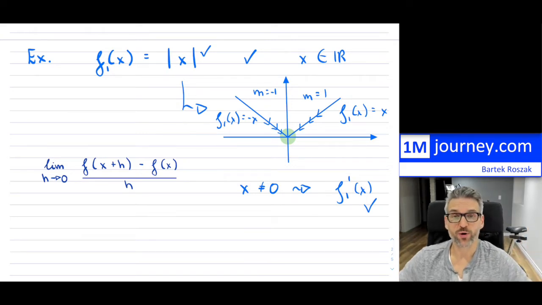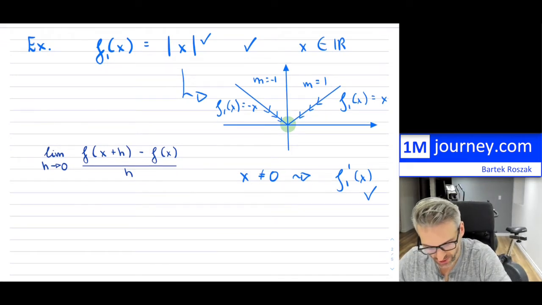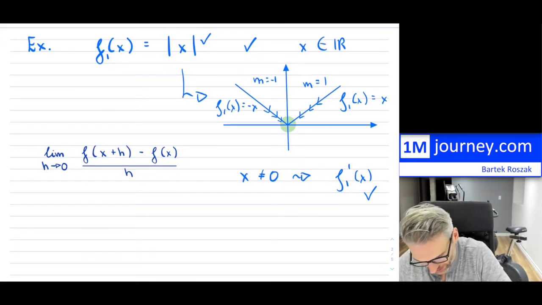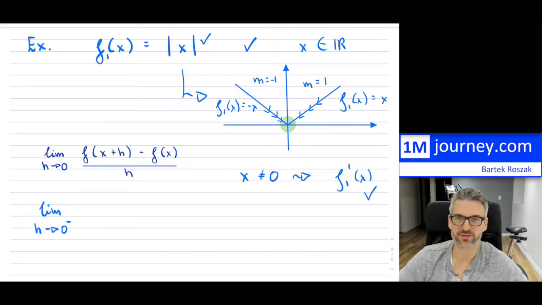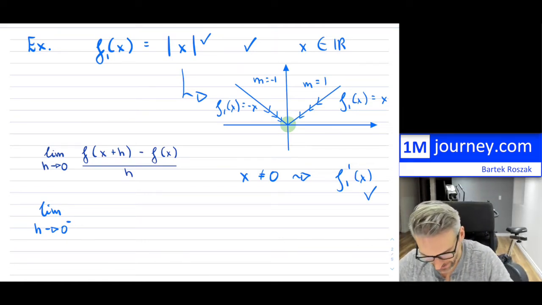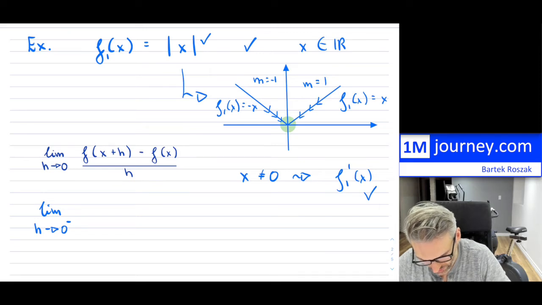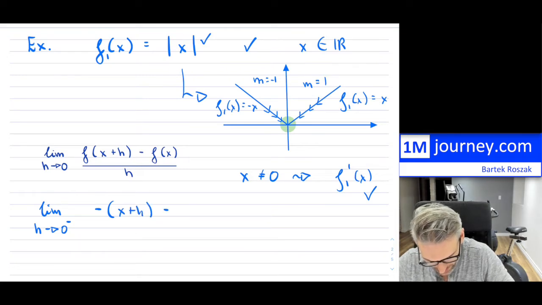So in order to work with this function, I'm going to take a look and find this limit. Now, the limit as h approaches 0 from the left-hand side, so that means for negative values of h. This is what I would get. I can substitute this whole thing in here. So I'm going to get negative (x plus h) minus negative x, and then over h.